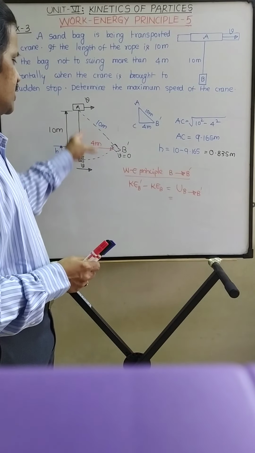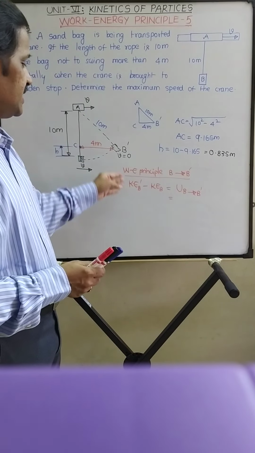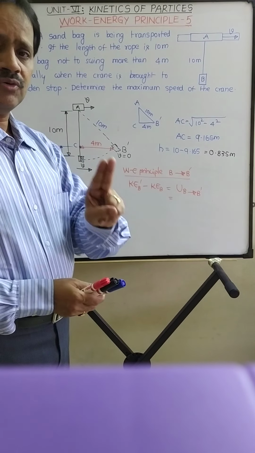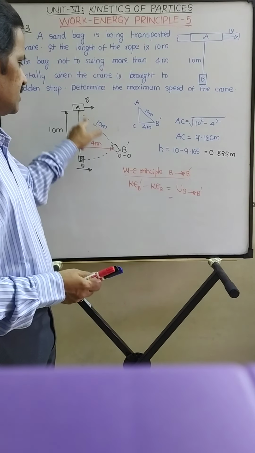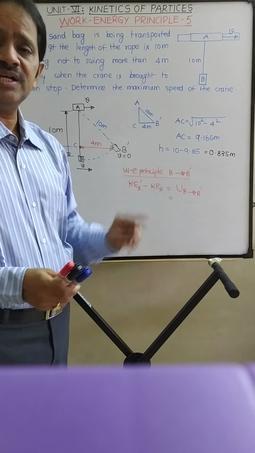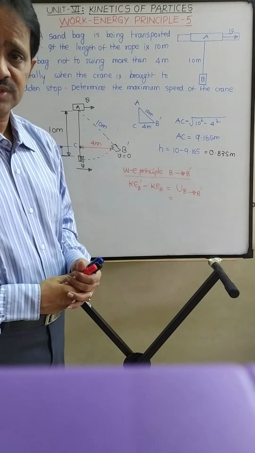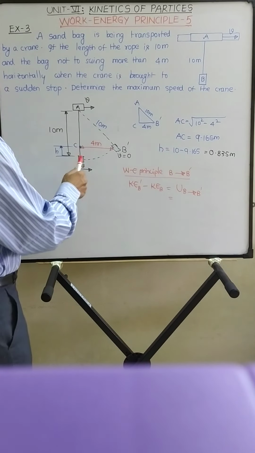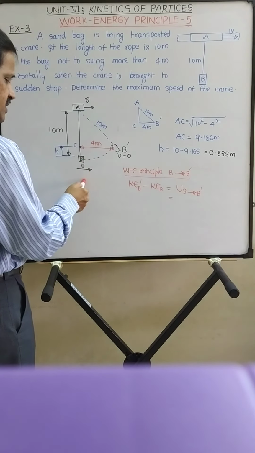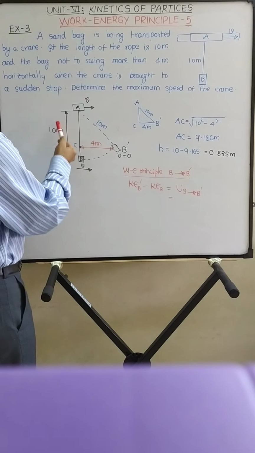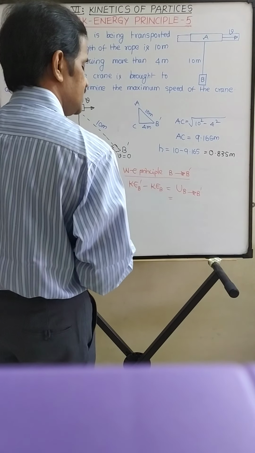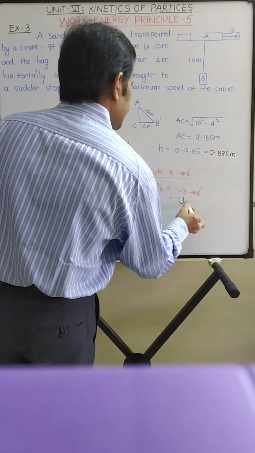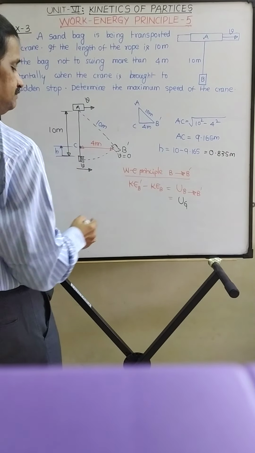One is the tension in the rope. Second is its weight, the gravitational force. So only two forces are acting, out of which the work done by the tension in the rope is 0, as tension is an internal force. So only the gravitational force is doing work. The gravitational force is acting downwards, but it is having an upward displacement. So the work done by the gravitational force is negative, right? So it is the work done by gravity.